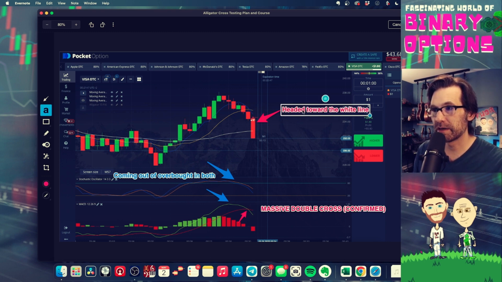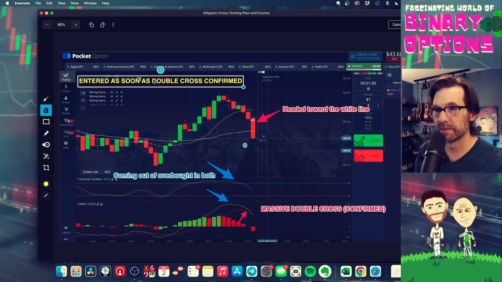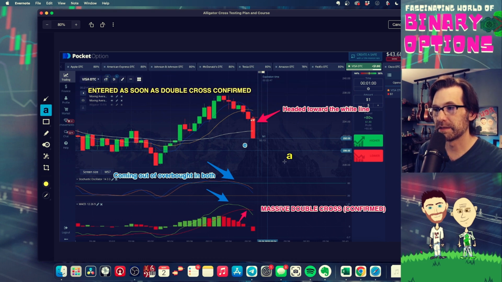We entered straight away on the double cross. We entered as soon as the double cross confirmed. Okay, that's it, and we won that one big.